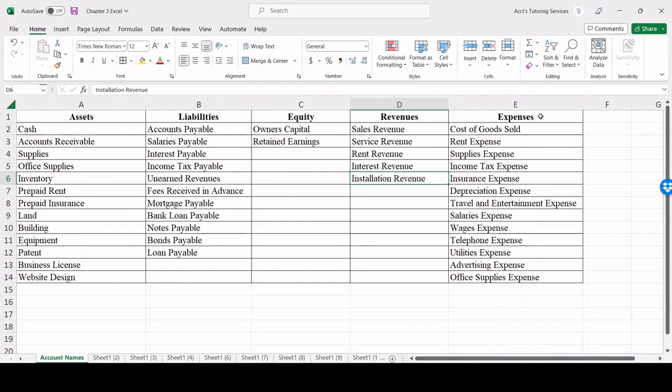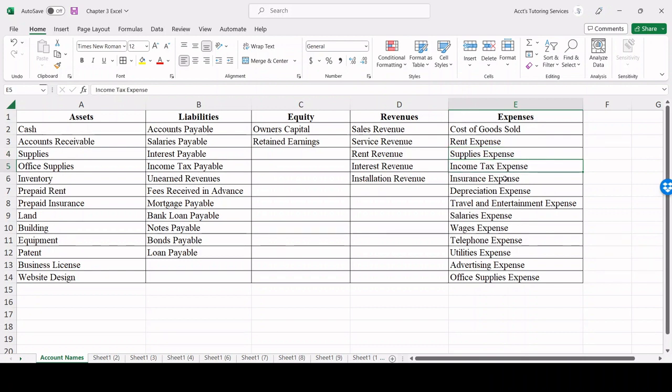The common types of expenses are cost of goods sold. Cost of goods sold is a direct expense related to inventory when we sell it. Remember, an expense is a cost incurred, used up, or consumed in order to help us earn revenues. Rent expense is when we rent out a room where we produce our products. Supplies expense is related directly to supplies. This is when we use up the supplies, so we consume that asset.